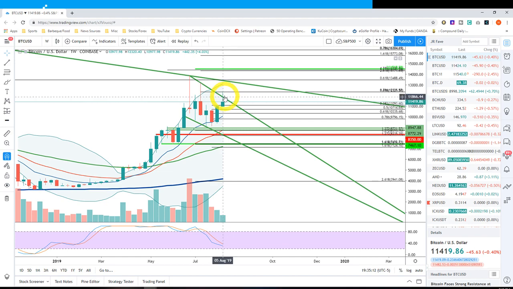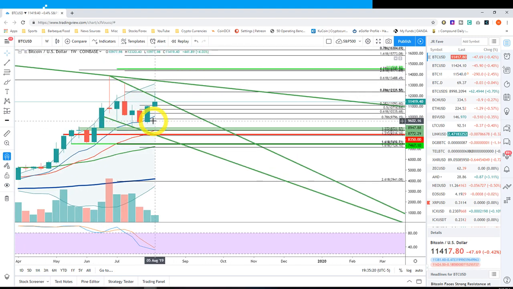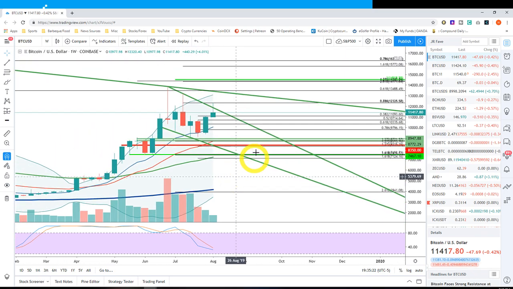When you see wicks coming out the top, that's what a guy I've seen called inventory retracement. That's just supply right there. That's resistance.